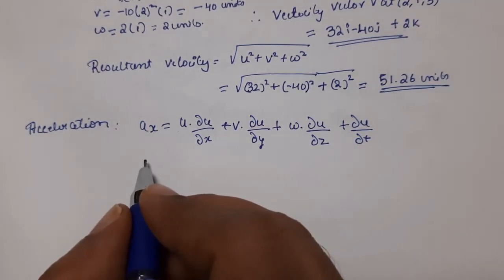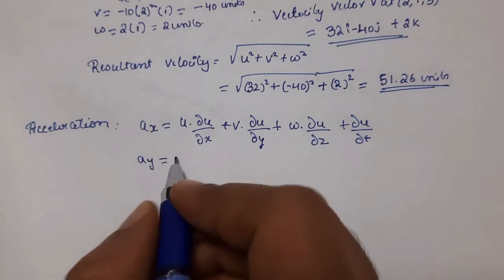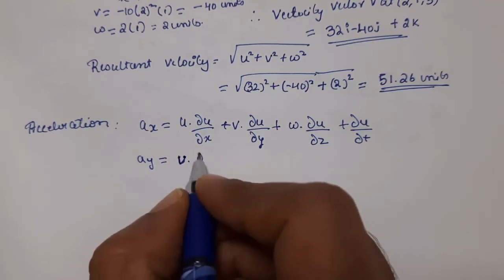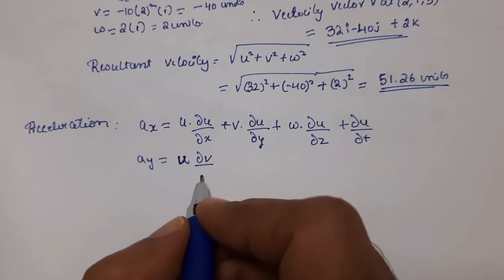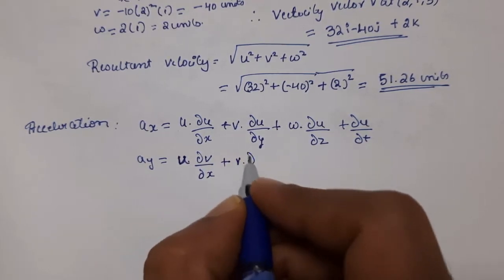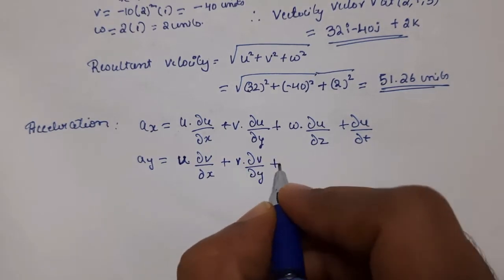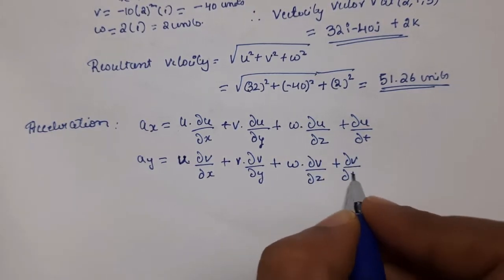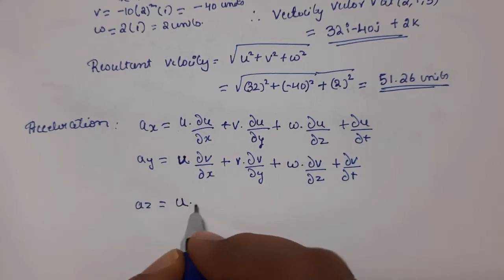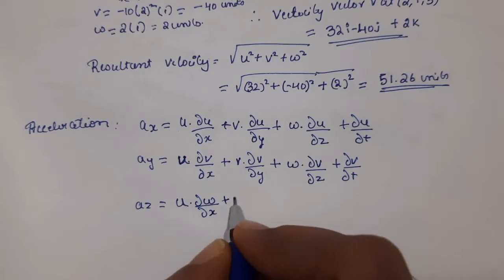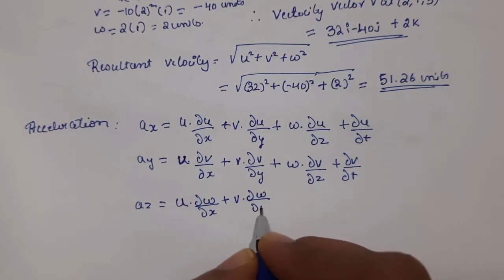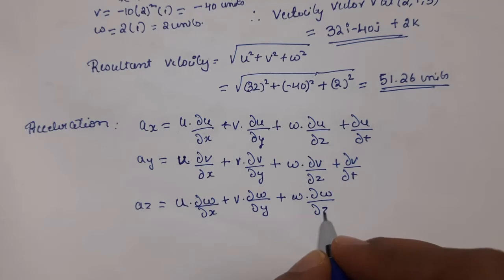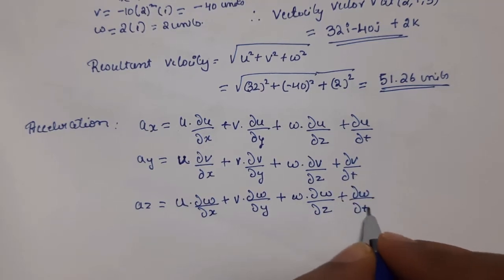Similarly, we know the ay value also, that is ay = u ∂v/∂x + v ∂v/∂y + w ∂v/∂z + ∂v/∂t, and az similarly is u ∂w/∂x + v ∂w/∂y + w ∂w/∂z + ∂w/∂t.